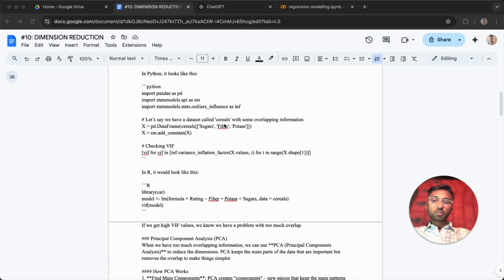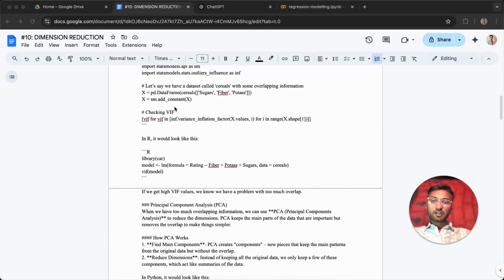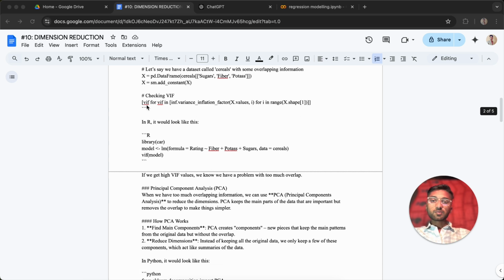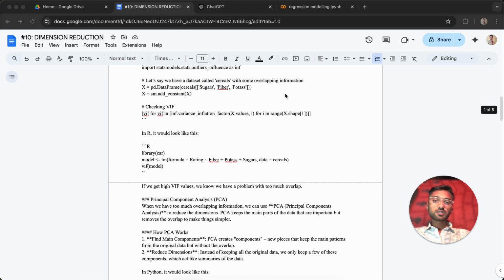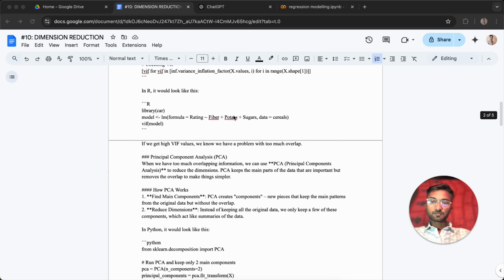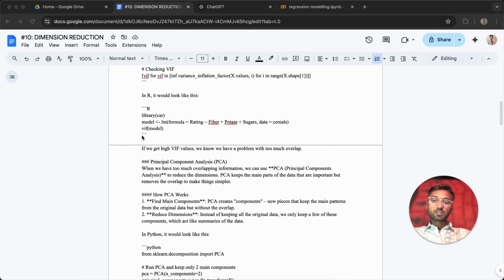Firstly we need to convert this data into a data frame by using the pandas library, and add a constant to the data frame, and simply use this nested for loop with the variance inflation factor function. So we can calculate the VIF factor. If this VIF value is high, then it means there is a high chance of overlapping data. Okay, and this is the R code.